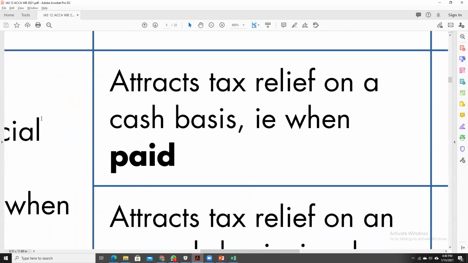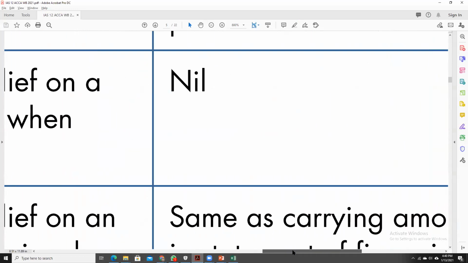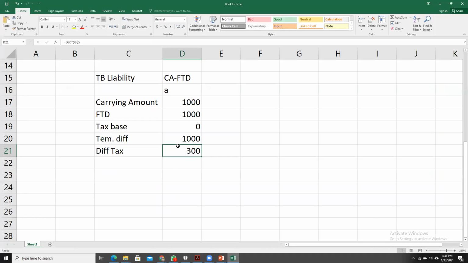And if the government allows us to deduct it as an expense on a cash basis, how much is the tax base? How much tax base in this scenario? 0. The same thing I have explained in a different way, right?